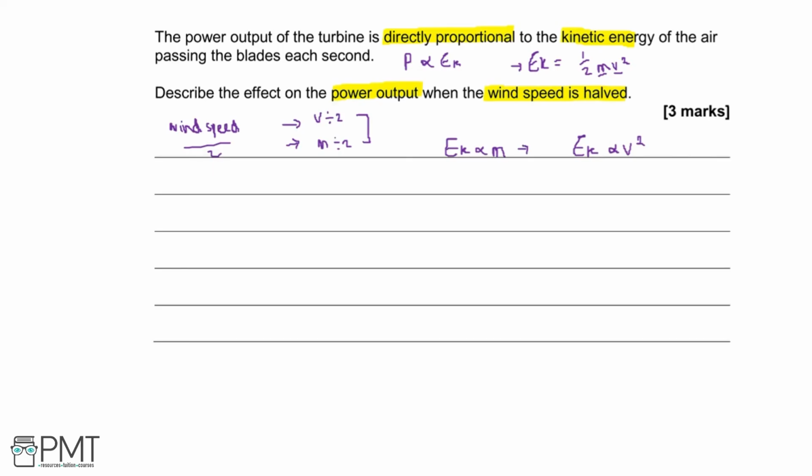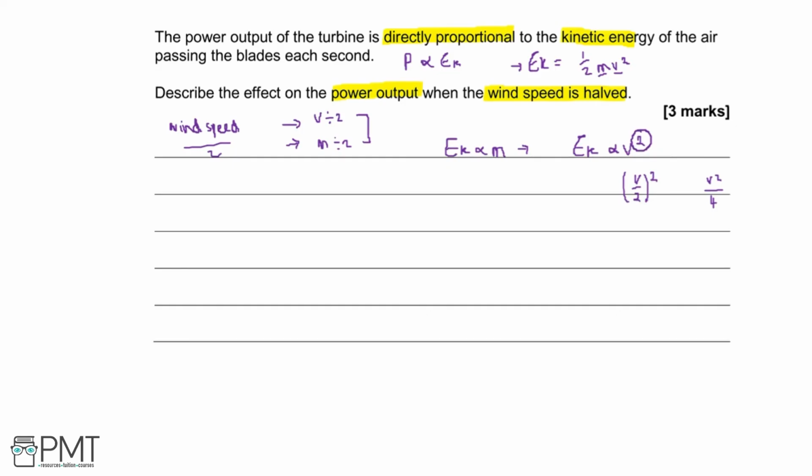If our mass is divided by 10, then our kinetic energy is divided by 10. However, with velocity, where our velocity is divided by 2, we have v over 2 squared, which is v squared over 4, so the kinetic energy is decreased by a factor of 4. This is because the kinetic energy is proportional to the square of the velocity.